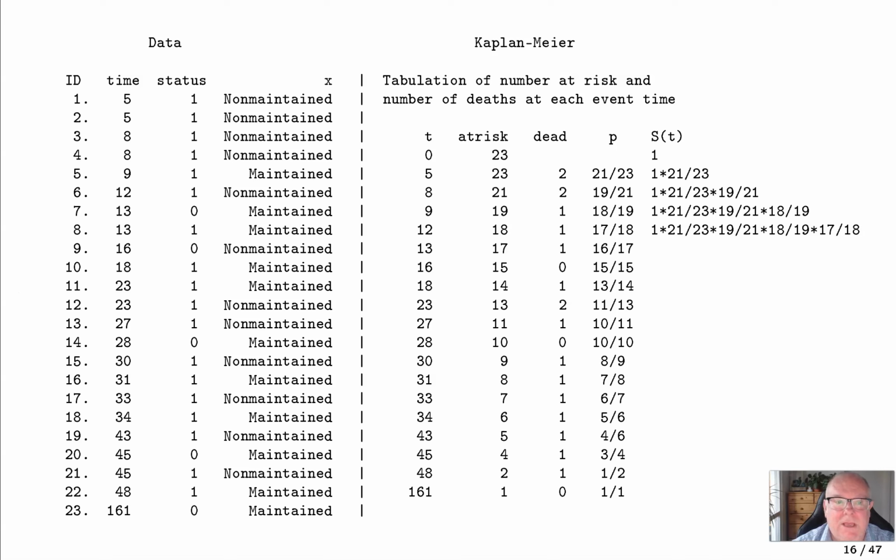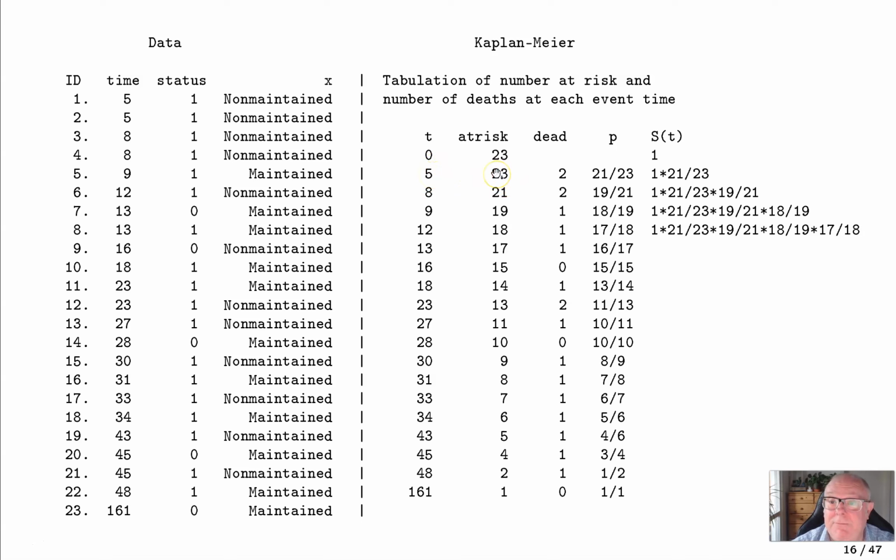So, here we have the data again on the left-hand side, and on the right-hand side, I have the tabulation of the number at risk and the number of deaths, and our Kaplan-Meier estimate of survival. So at time 0, there are 23 people at risk, and the survivor function is 1. Now, the survivor function remains at 1 until there's an event. And the first event is at time 5.